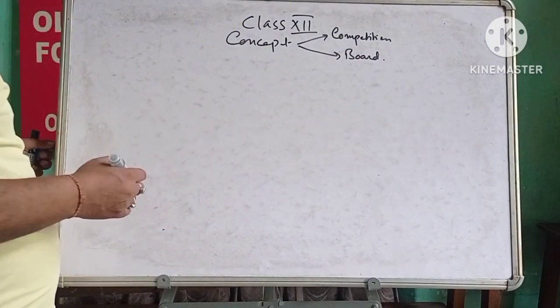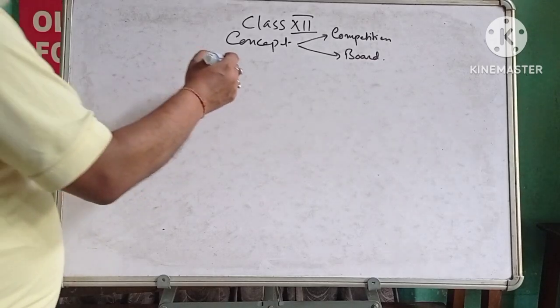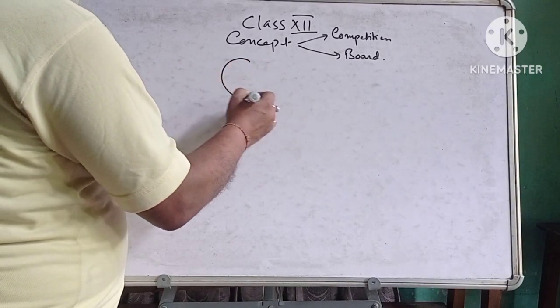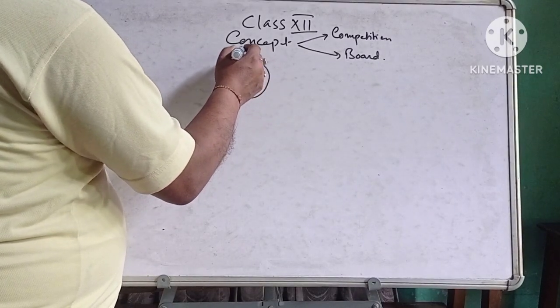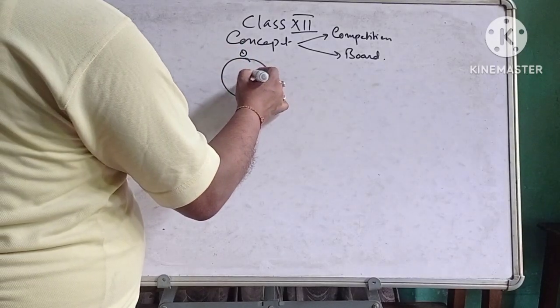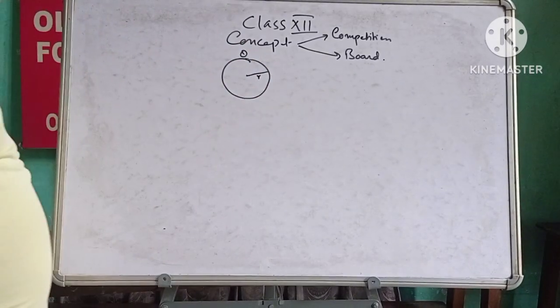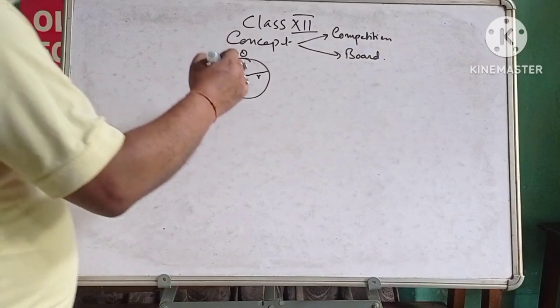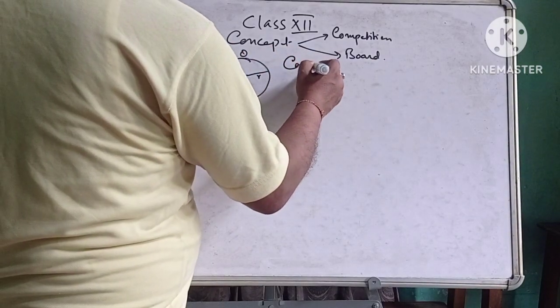See, one important thing here is, you consider a sphere and charge q is distributed over this surface, and this is a conducting sphere. See, conducting sphere.